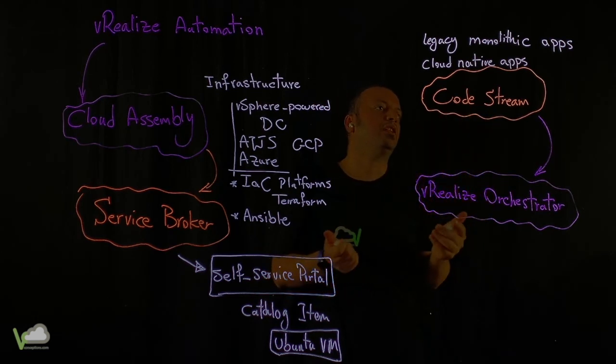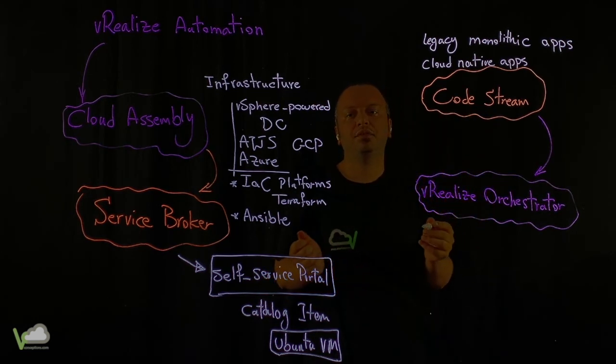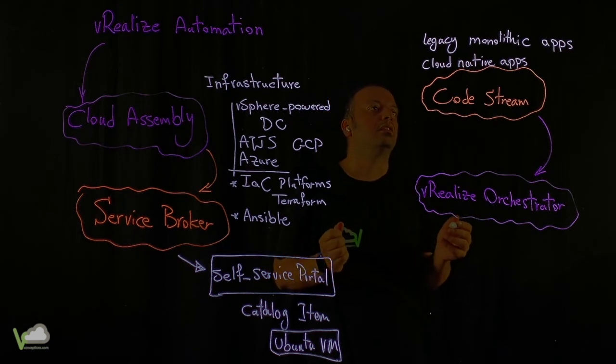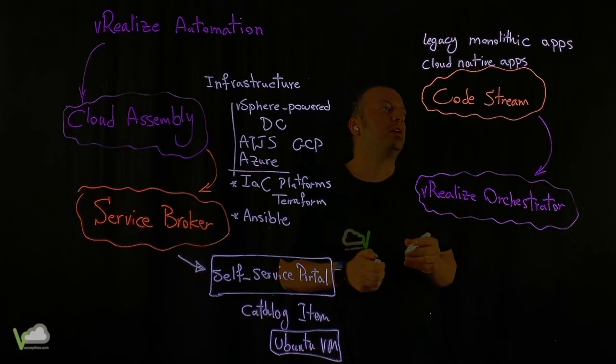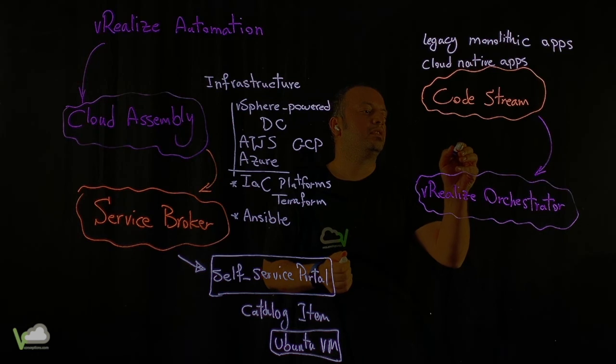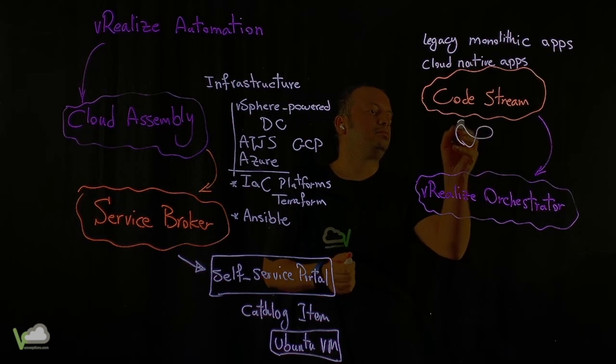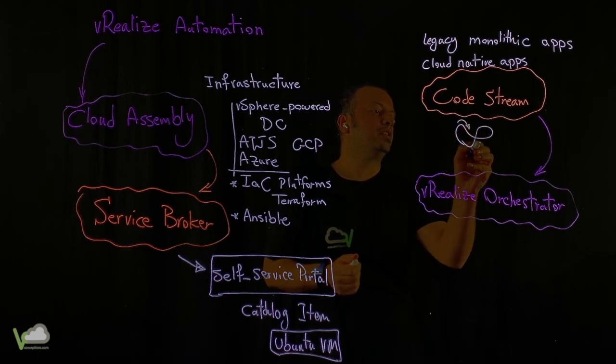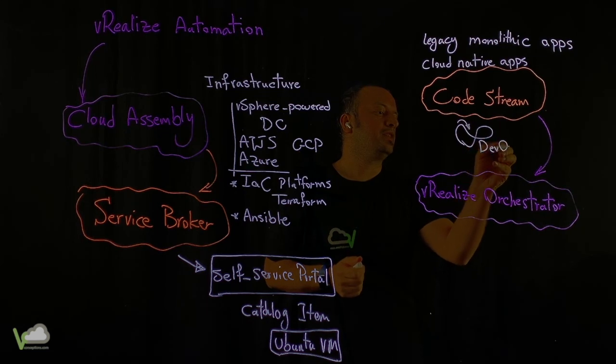What do I mean by cloud native applications? You might have heard of microservices and Kubernetes and Docker, which deliver you cloud native applications. And CodeStream is your entire DevOps platform.